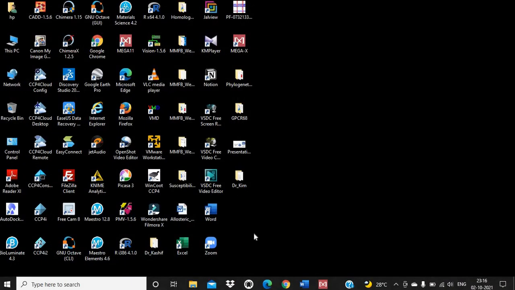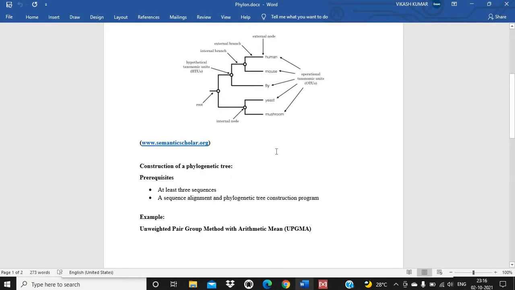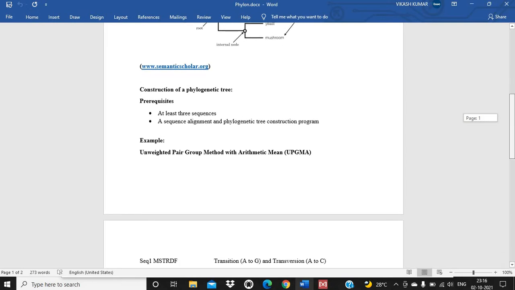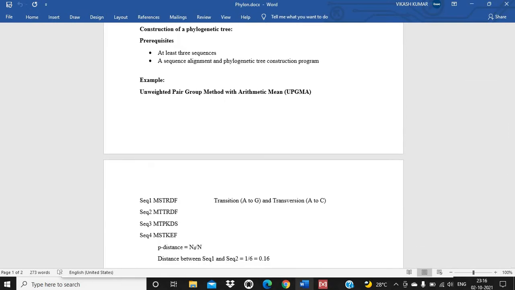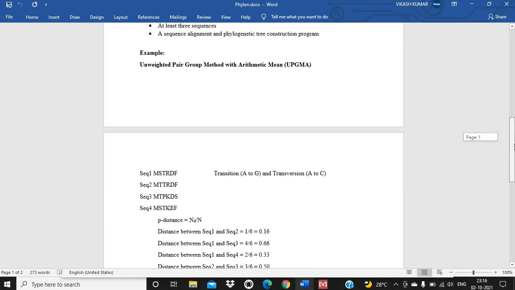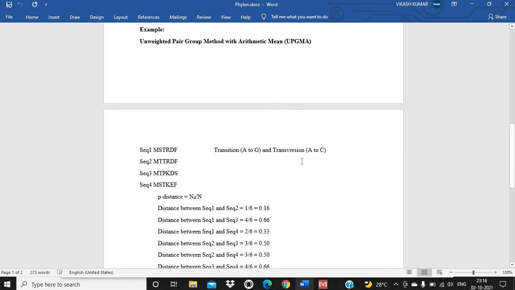Basically, the UPGMA method is the unweighted pair group method with arithmetic mean. I will show you how this method works. Those 4 sequences are here also.